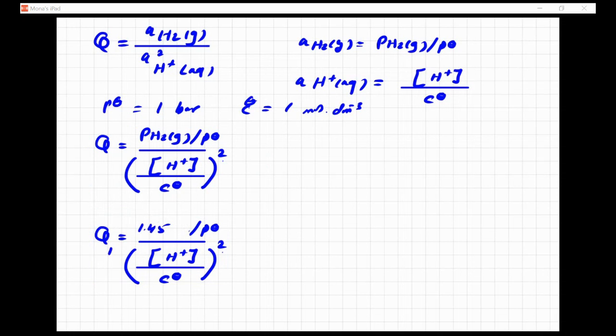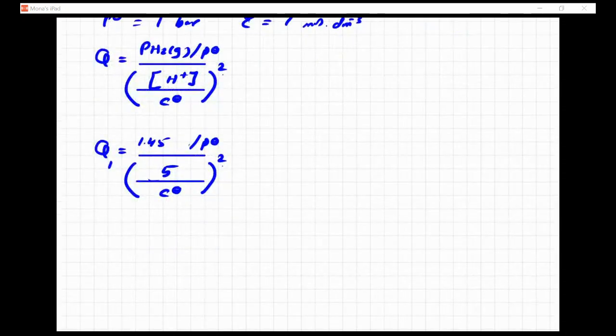The concentration here is equal to 5. This is for quotient 1: I have the pressure equal to this, and this is the concentration.